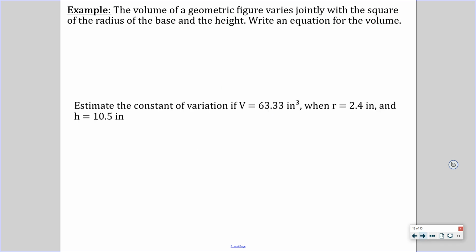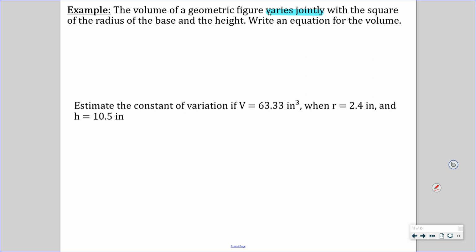The volume V of a geometric figure varies jointly. That means I have multiple direct variations going on with the square of the radius of the base and the height. Write an equation for the volume.